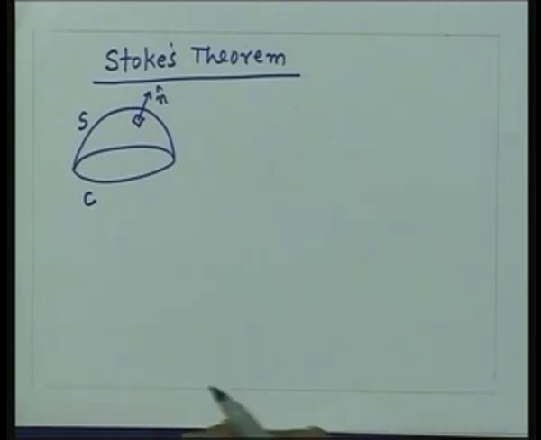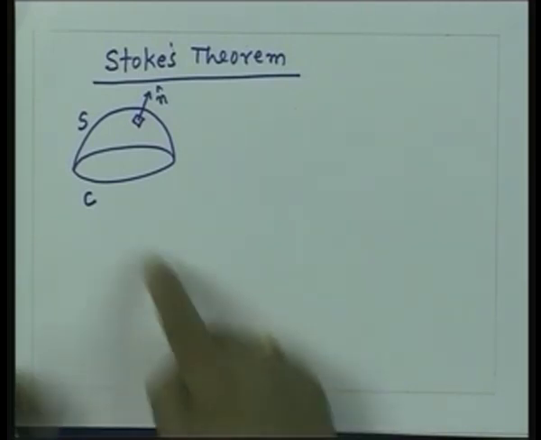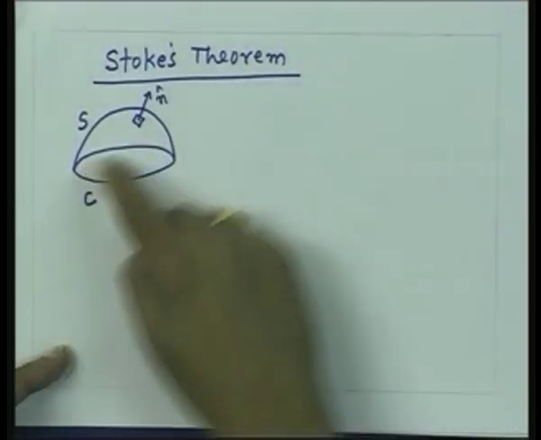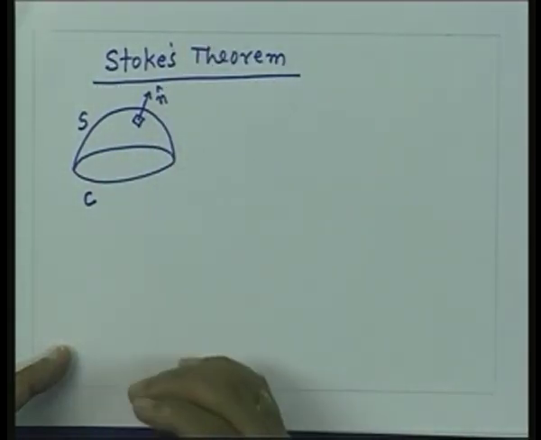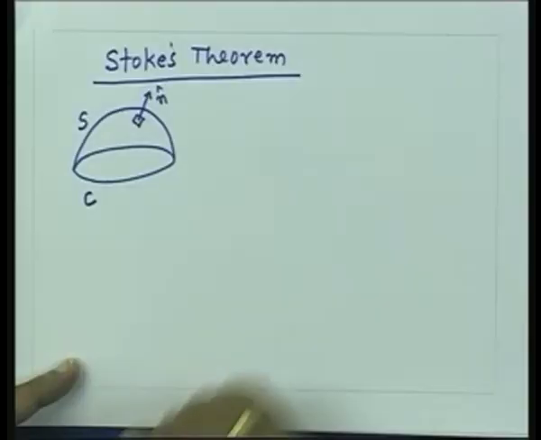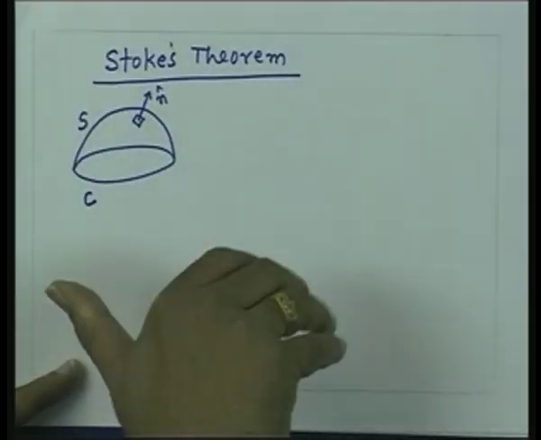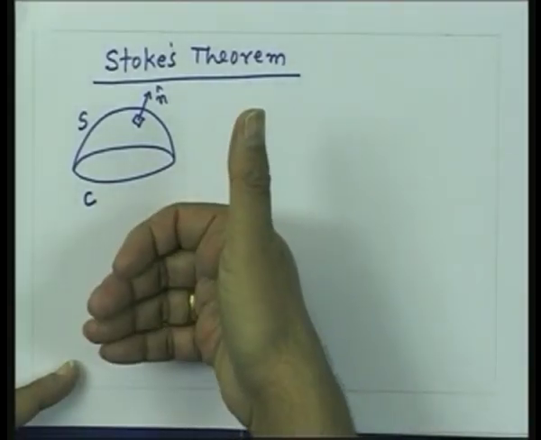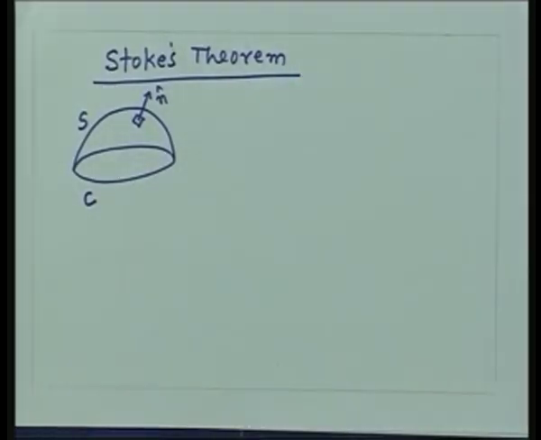So, essentially first we have to say how should I define this dl with respect to n, and the convention is that if I again follow the right hand rule, if my contour goes like this, then the n will be coming inwards. If I take the contour which will be like this, then the n will be going outwards.